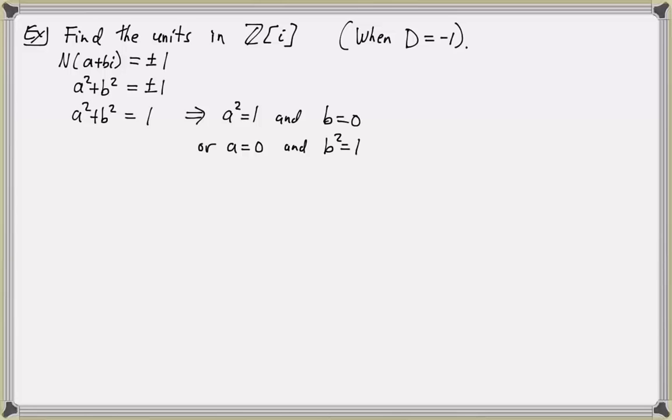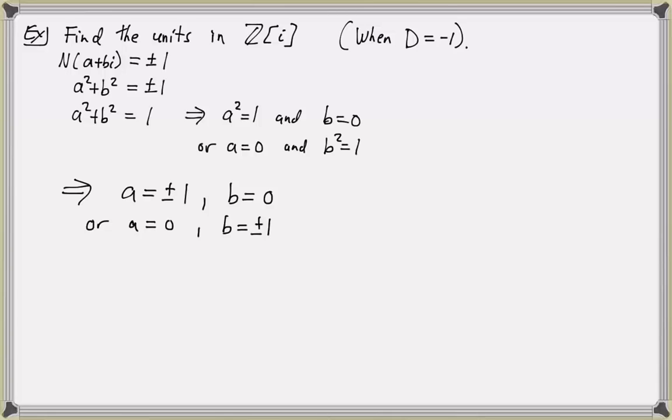So the only way we can have a unit in the Gaussian integers is if a is plus or minus 1 and b equals 0, or a equals 0 and b equals plus or minus 1.